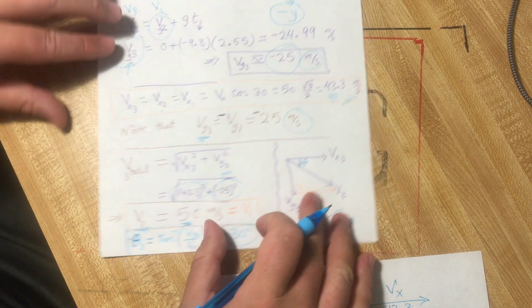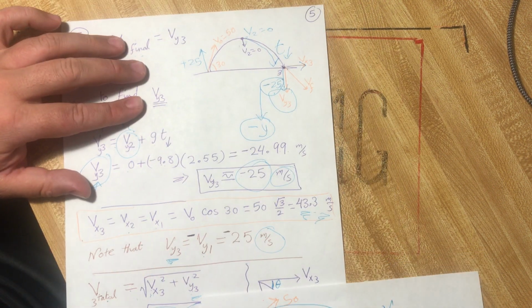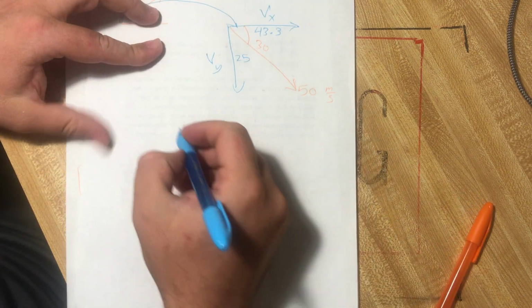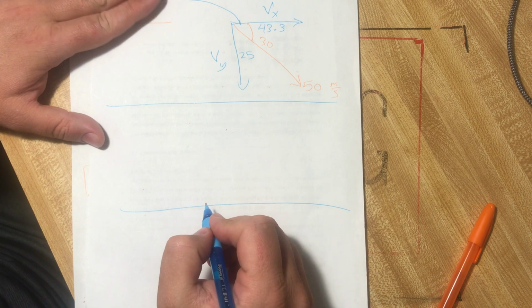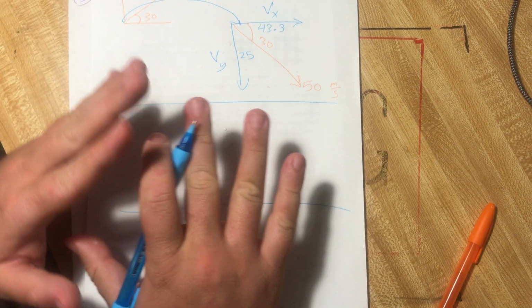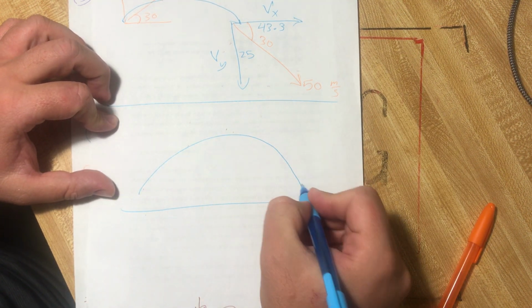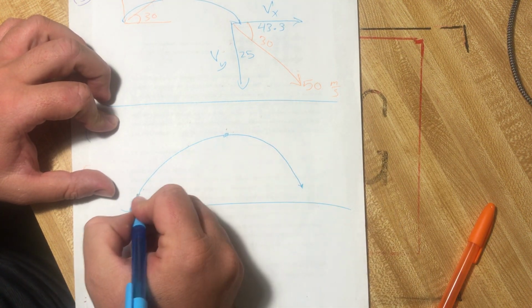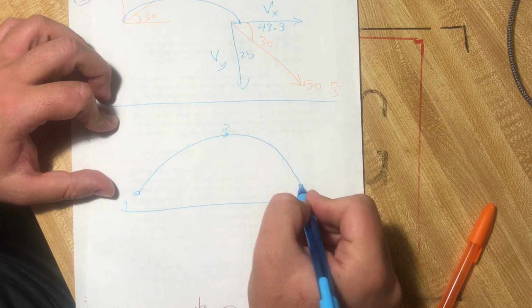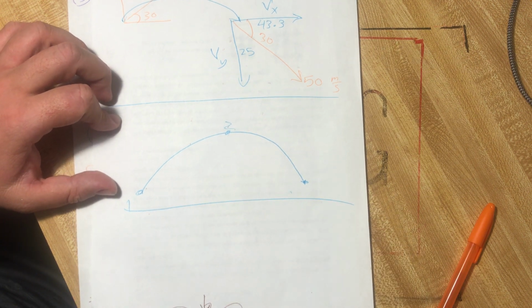You can solve this question again and again, and be careful that we can't solve a projectile motion altogether as a bulk question. We need to separate it between the points. We need to take point number 1, point number 2, point number 3, and look at this important case.